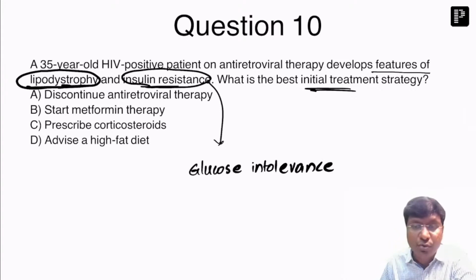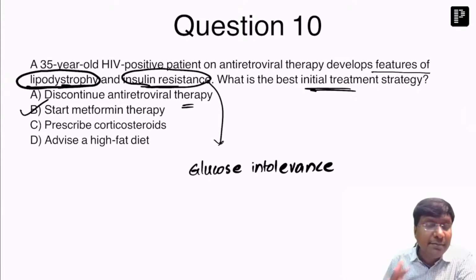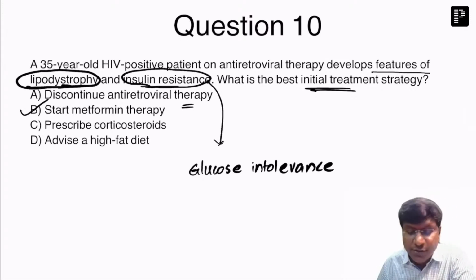Now, whenever there is insulin resistance, what is the drug of choice? Metformin is the preferred treatment, right? And your antiretroviral therapy should not be discontinued. It should be continued, and along with that, metformin should be given. Okay, so start metformin therapy is a correct statement.